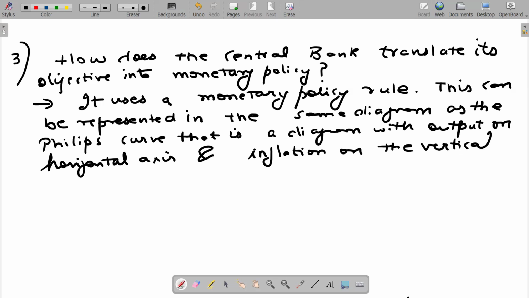So what are we doing? We are going to make the monetary policy curve, or the monetary rule curve. We are going to plot output on the horizontal axis and inflation on the vertical axis.